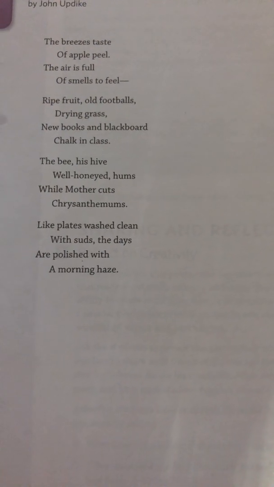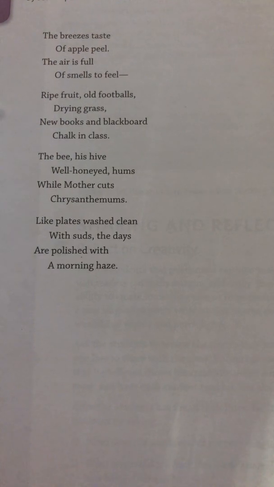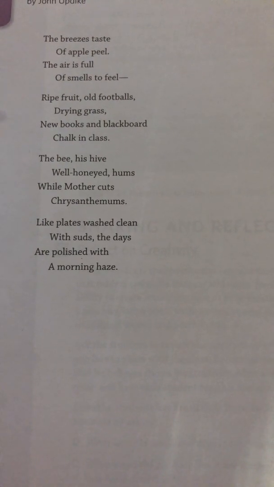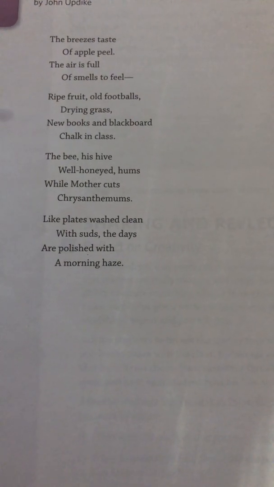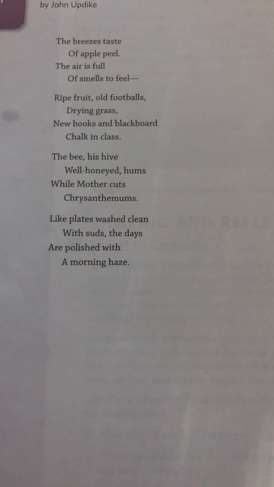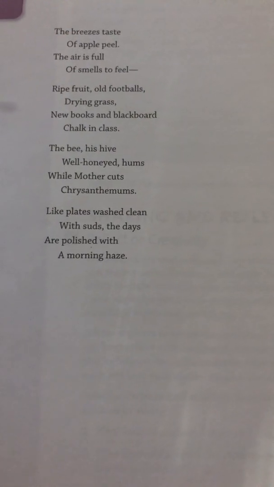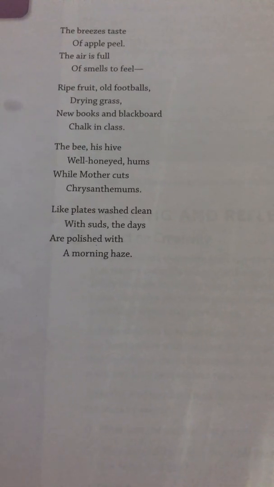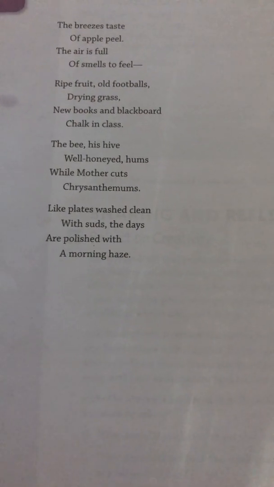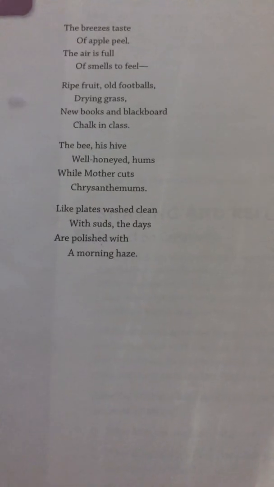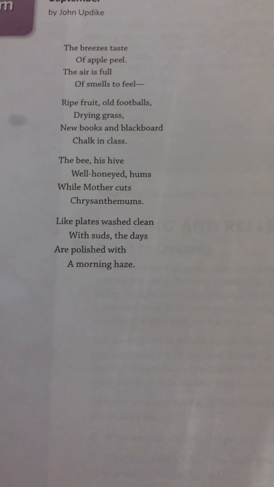When I think of this, I can notice that we're talking about the air being full, right, of different smells, of maybe the grass or of apple. Chalk in class gives me the sensory detail of white, kind of maybe dusty, maybe the smell of books in the classroom.